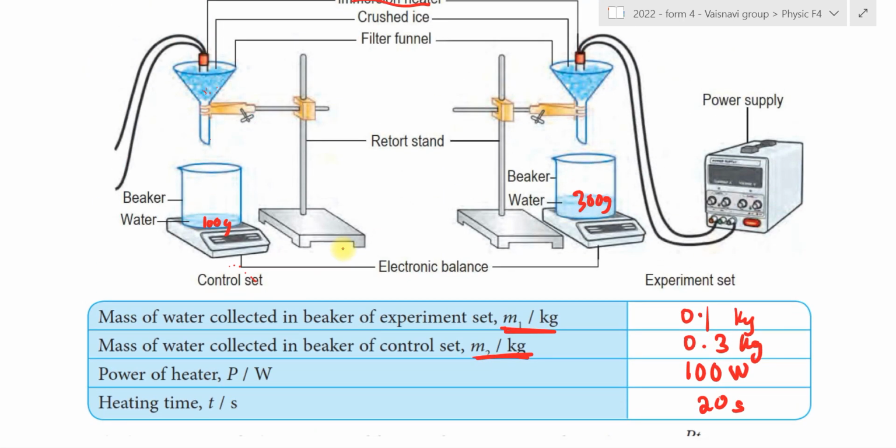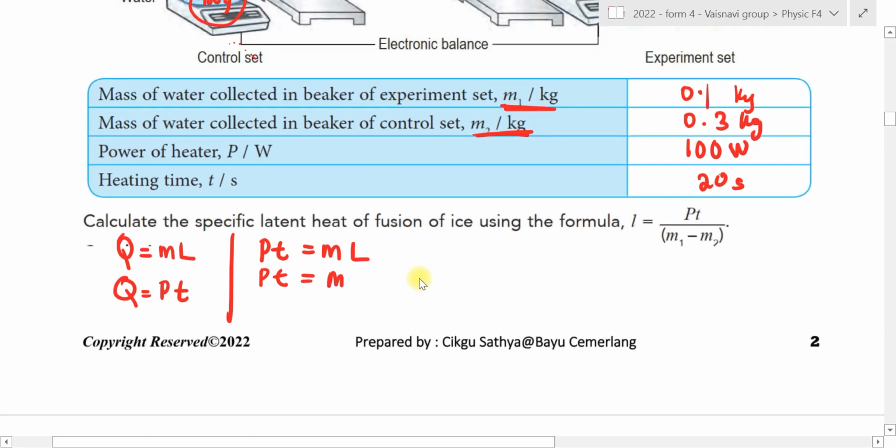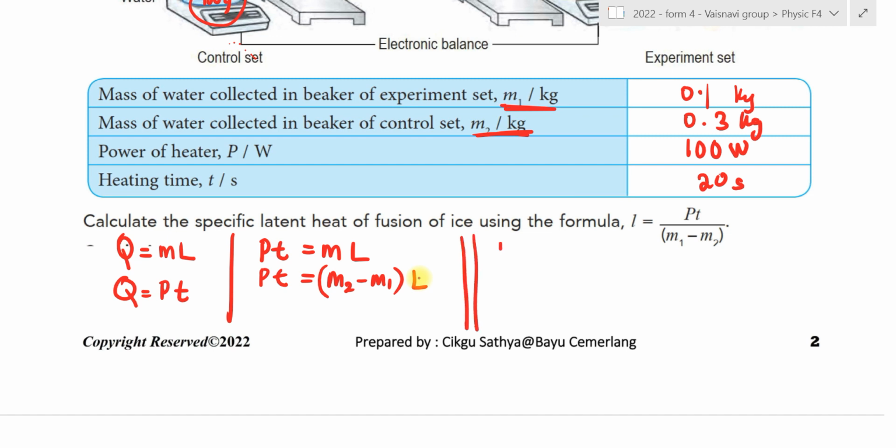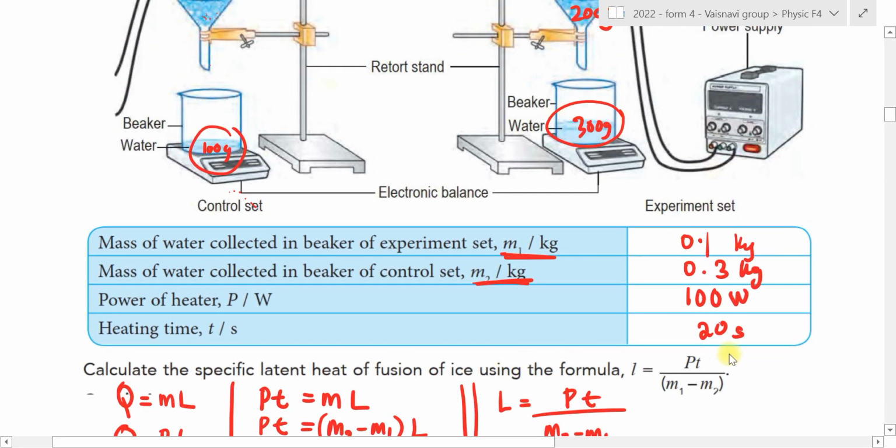Because we want the, okay, kita asal-asal 100, dia jadi 300. Maksudnya 200 gram ais yang telah lebur, melted. So the M2 minus M1 lah, times L. Okay, sekarang jadikan L tu sebagai subjek, PT over M2 minus M1. Tak boleh M1 minus M2. Oh, okay. They put the M1 here, M2 here.